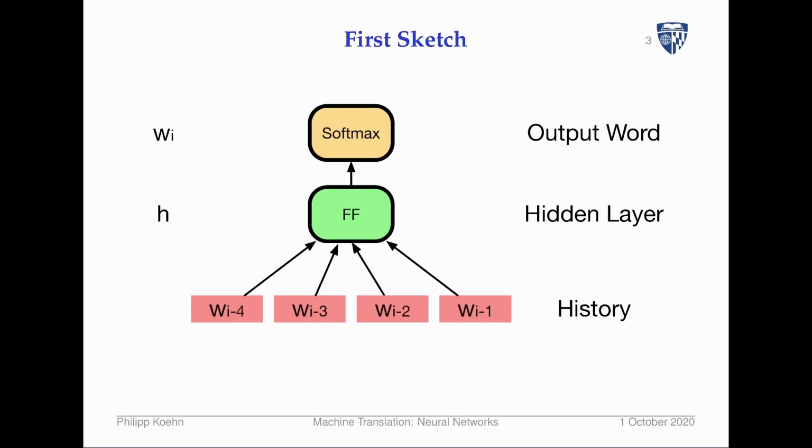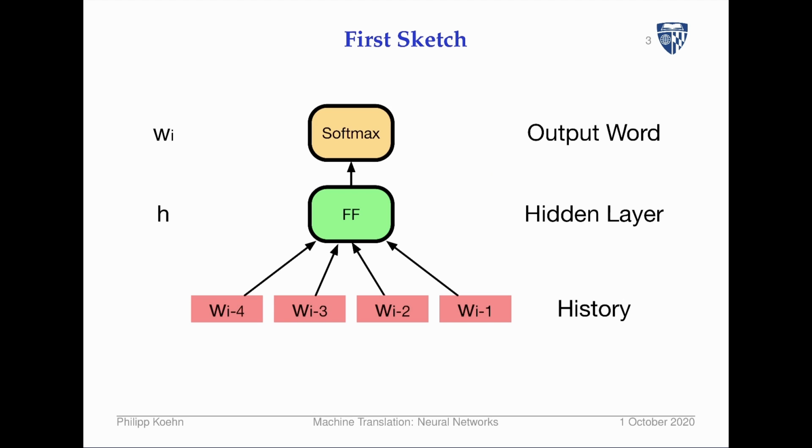Basically, if we have a vocabulary of 50,000 words, we're going to have a vector with 50,000 values that we predict at this point. How much each element gets after the softmax, how big that value is, indicates the probability of that word being chosen.